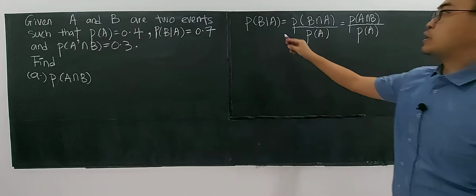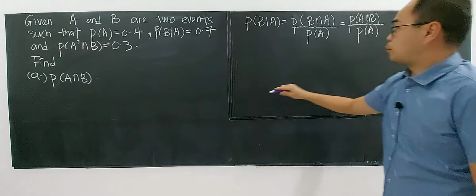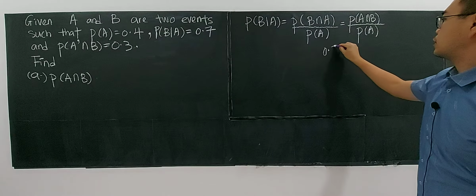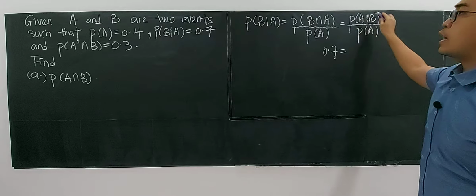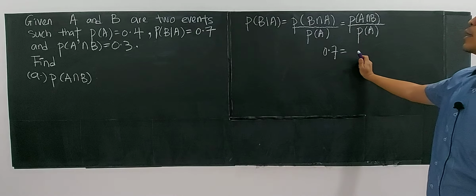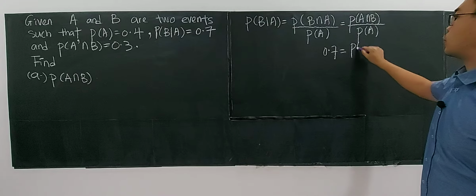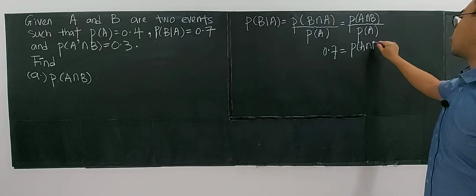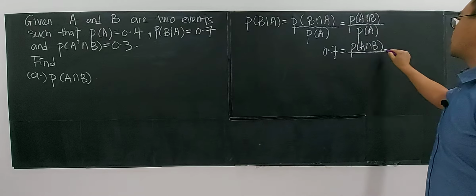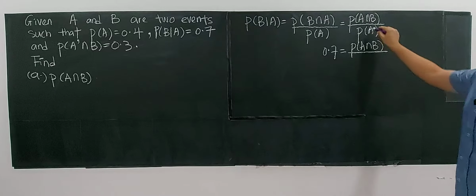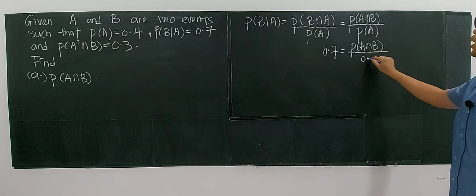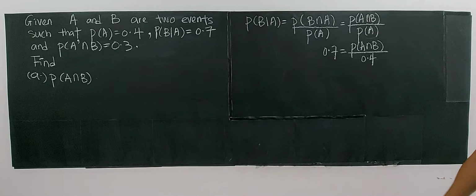As P(B given A) is already given as 0.7, what we want is the probability of event A intersection with event B, and you know that the probability of event A is 0.4.